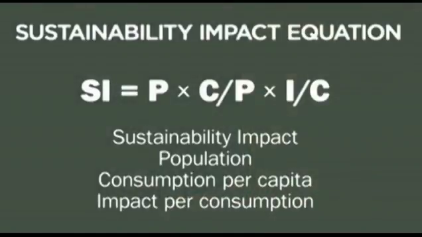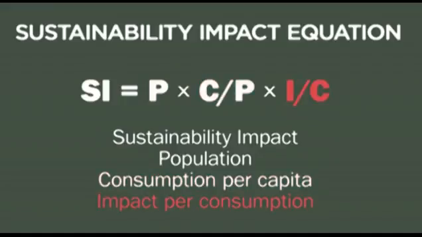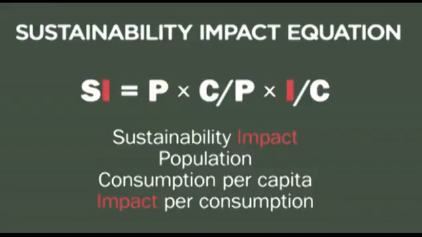In this case, the impact equation refers to sustainability: impact is equal to the population multiplied by the consumption per person and the impact per unit of consumption. So now if you actually do the math on this, you'll see that it reduces out and that the impact equals the impact.